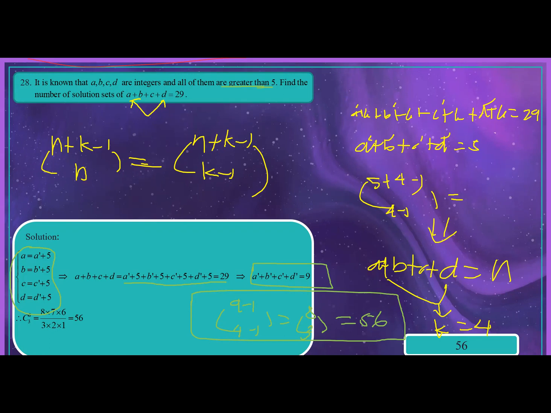Okay, thank you also. Yes, basically your n should be the right side of the equal sign. That's your n. So you can also read that here.